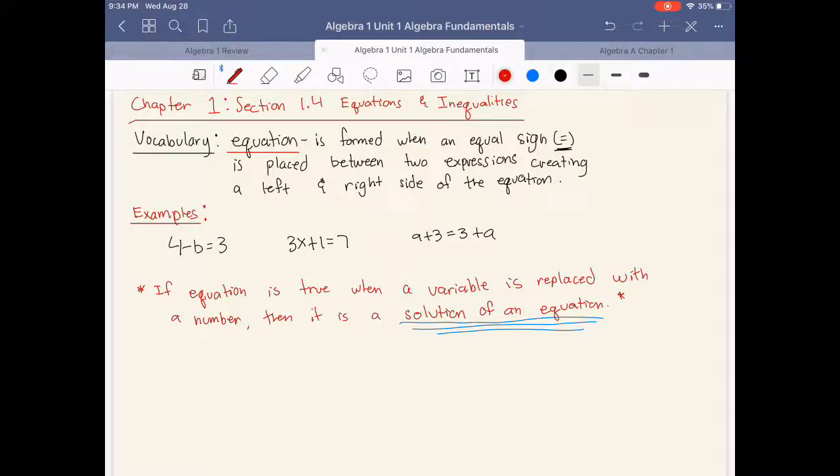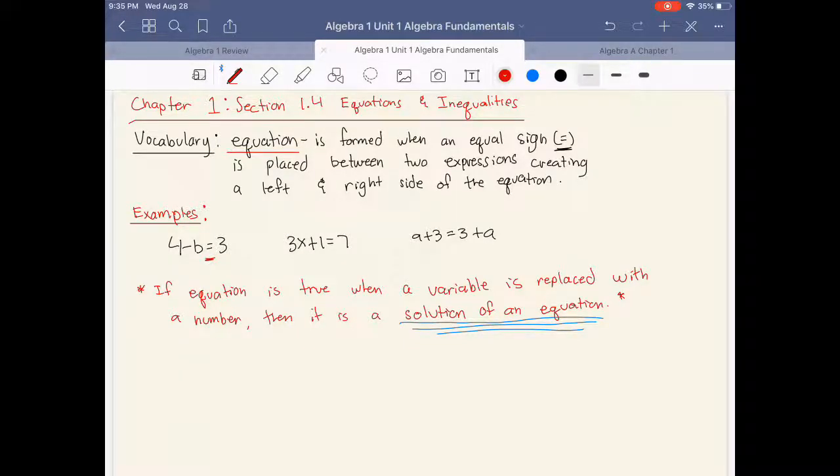Like I said, an equation should contain an equal sign, because the root word is equi, which is equal. Okay? 4 minus b equals 3. That's a form of an equation because there's the equal sign. And 3x plus 1 equals 7.